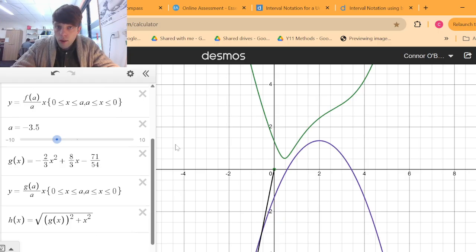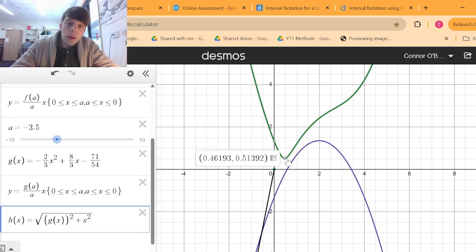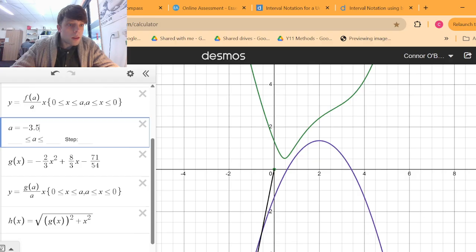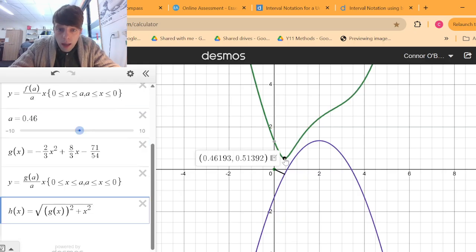We have the square root of g(x) squared plus x squared. We can see that's the graph of the distance equation, and quite clearly we can see that that equation has a minimum right here. So if we just change the value of a to make it line up with that, that's 0.46. We can see that line segment there, that does look like the minimum length between the origin and the graph, so our answer makes sense. And apparently the length there is going to be about 0.51, so we can type this in as our answer.